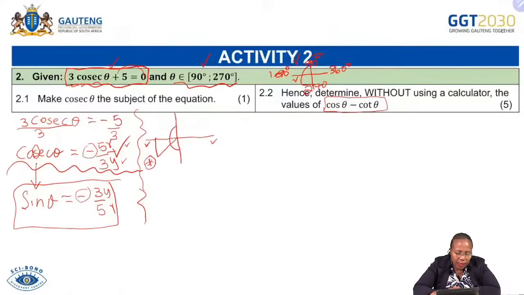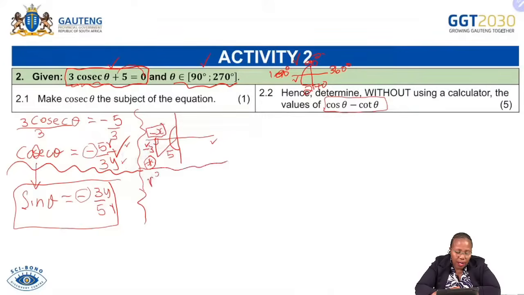Okay, and then this is the triangle of 90 degrees. And then now the cosec, our r, is equal to 5. And the value of y will be minus 3. So we are looking at the value of x, which is also negative according to that diagram. After identifying that, grade 12, we can now go Pythagoras and look for the other x value, because we don't have it.